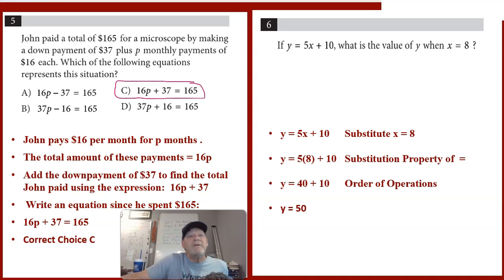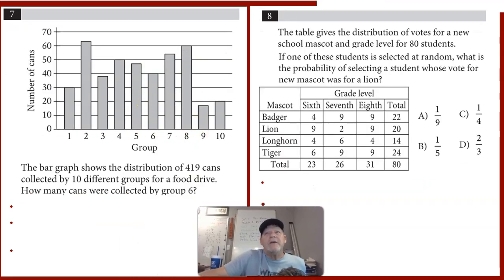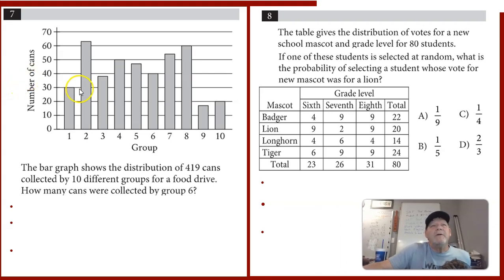Now let's go to 7. Number 7 is a bar graph, and it's an open-ended question. It has different groups, number of cans collected like in a food drive. The groups are on the x-axis, or horizontal axis, and the number of cans is how tall the bar is on the vertical axis.